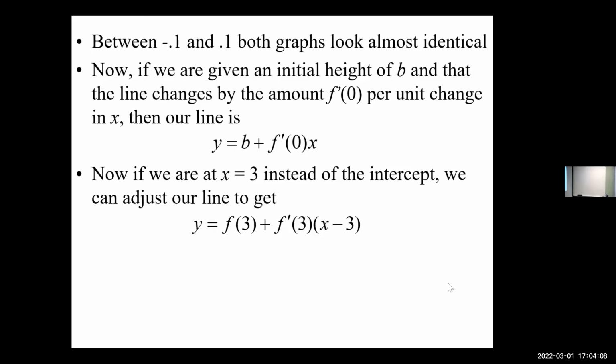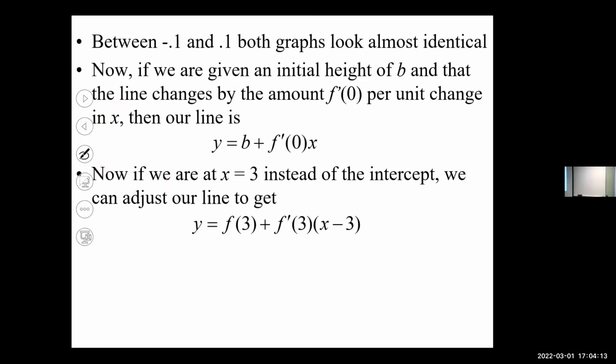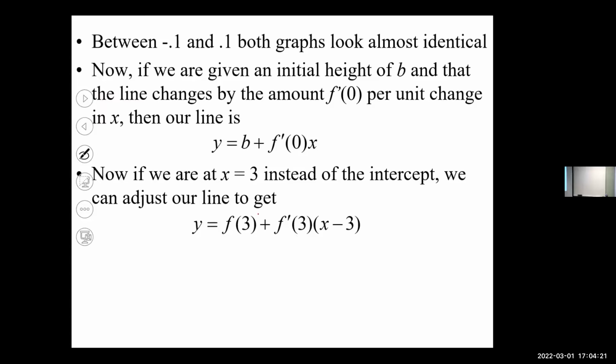We've made sure that we've matched the function value at 3, and we've made sure we match the derivative at 3. That's what gives it that same shape as the graph.